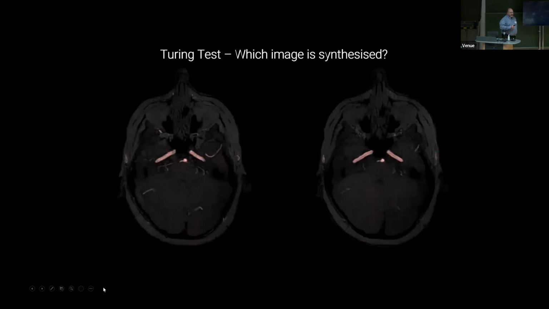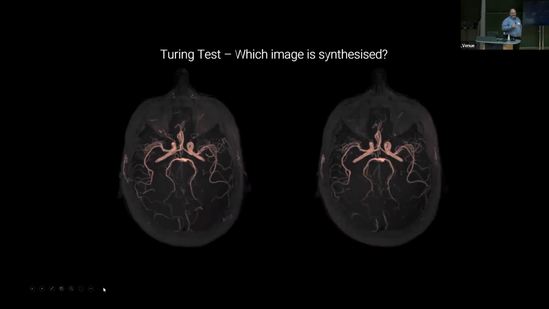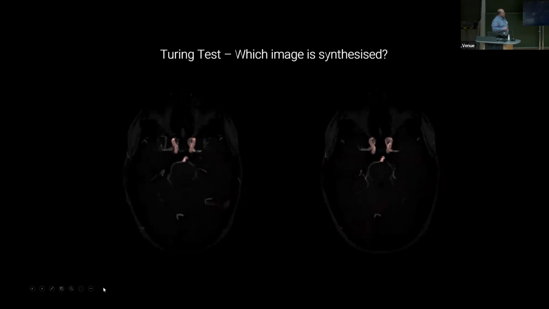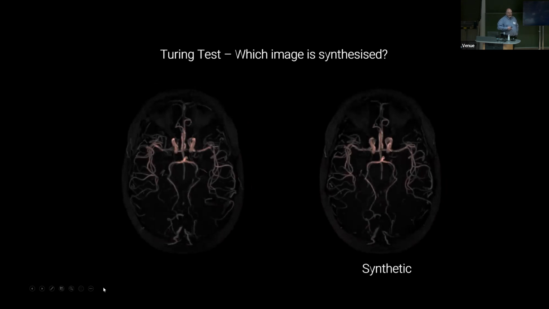One of these is real, the other one is not. I can tell you it's not easy, but, well, it's another type of projection. So that's a synthetic one, okay?